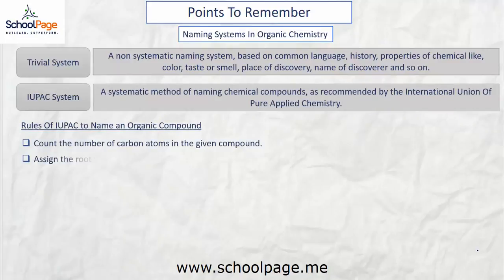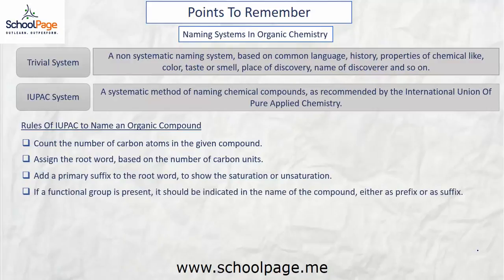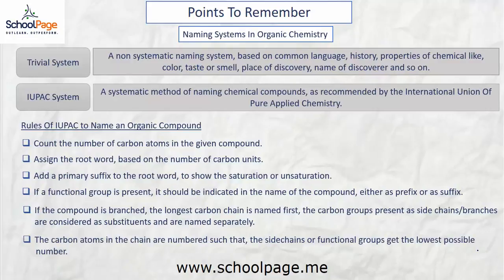Count the number of carbon atoms, then assign a root word, then add a primary suffix to the root word, and also observe if there is a functional group, and if the compound is branched, the longest carbon chain should be named first. And while assigning the number to the carbon chain, take care that the side chains and the functional groups get the lowest possible number.